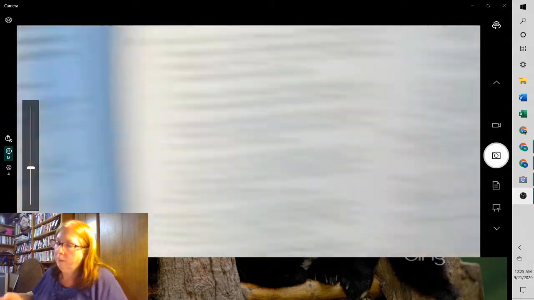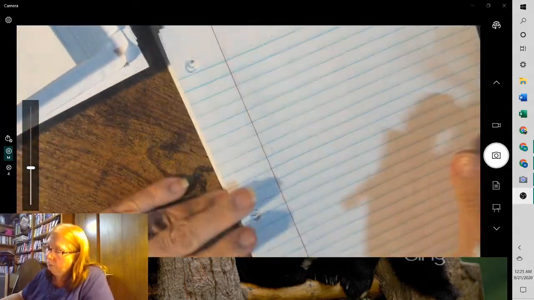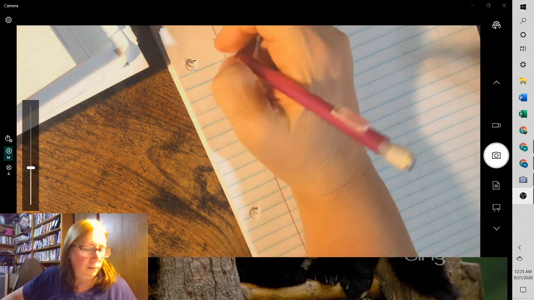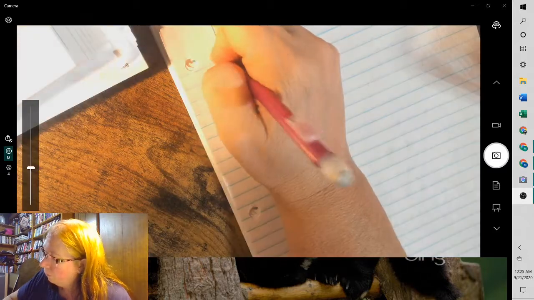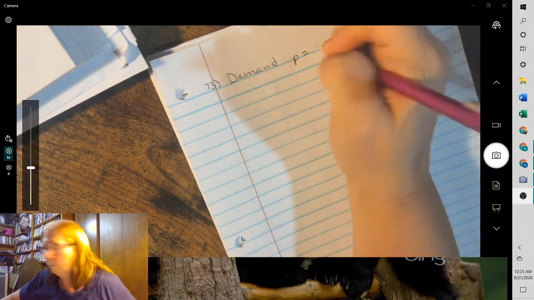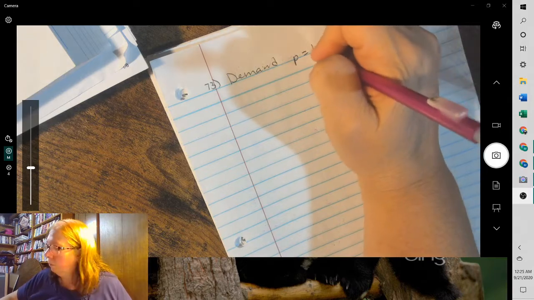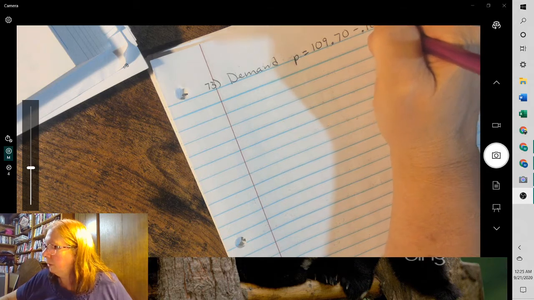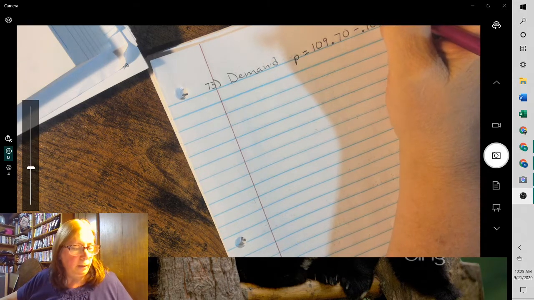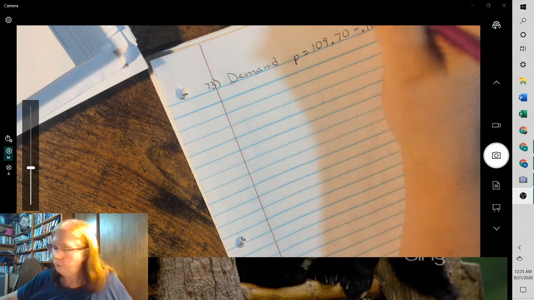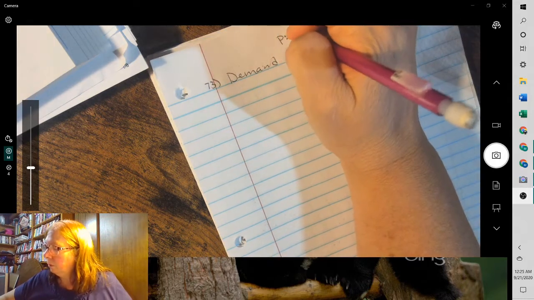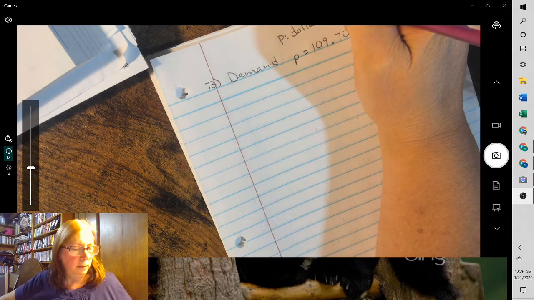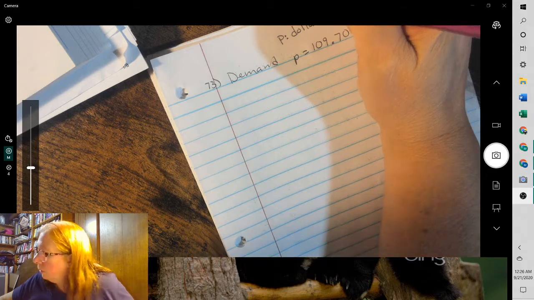Okay, so first let me write the equations. So we have demand, and this was number 73. P equals 109.70 minus 0.10 Q, and P is price in dollars, Q is the number of trees.